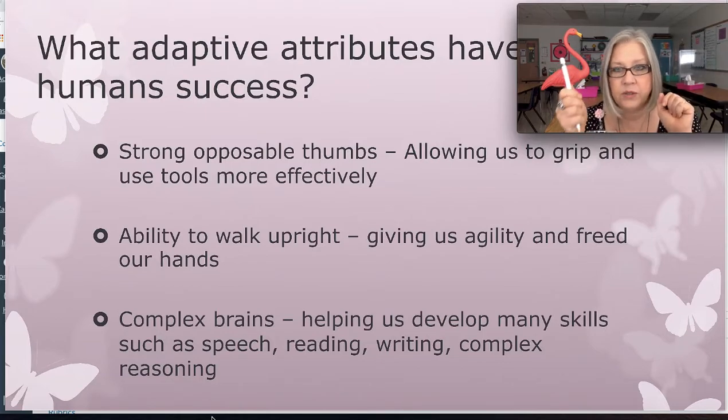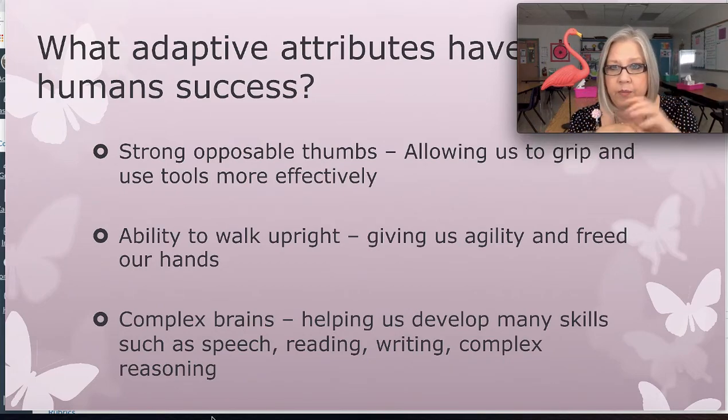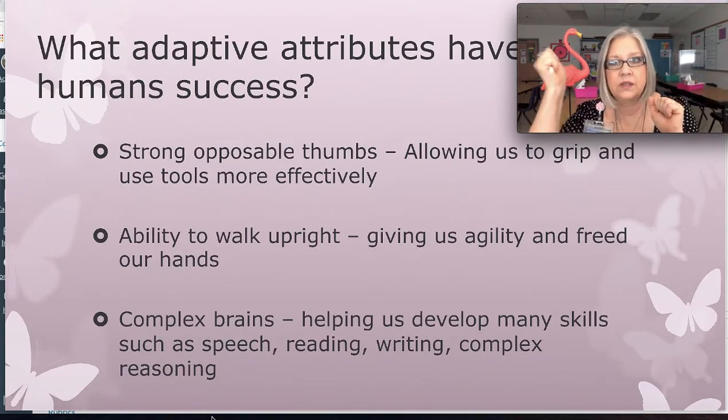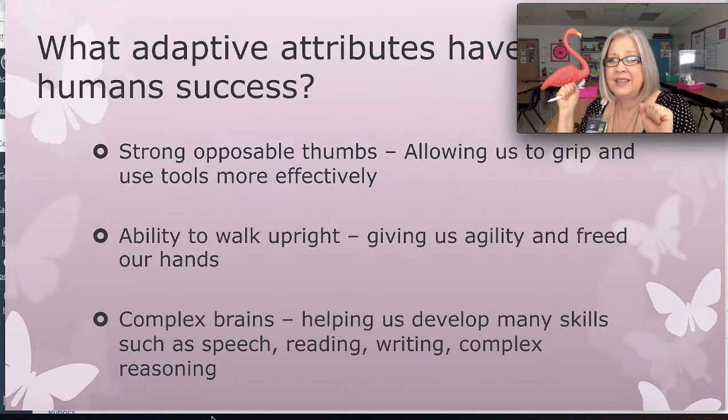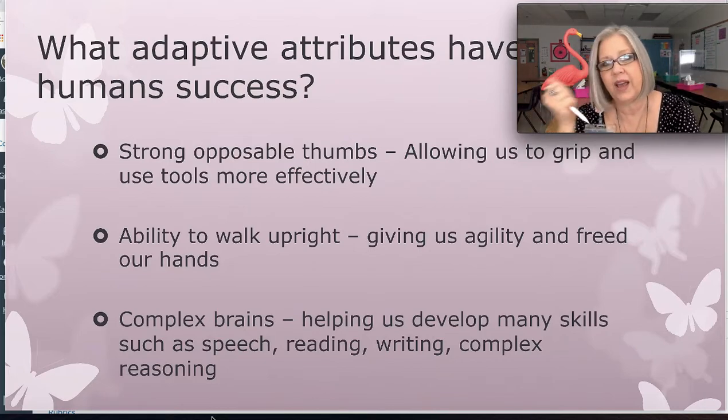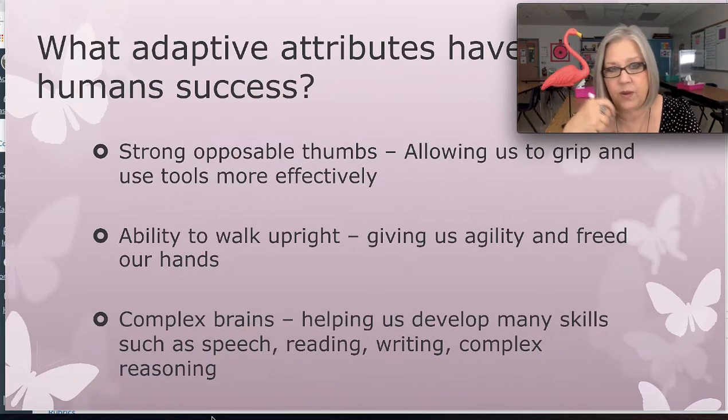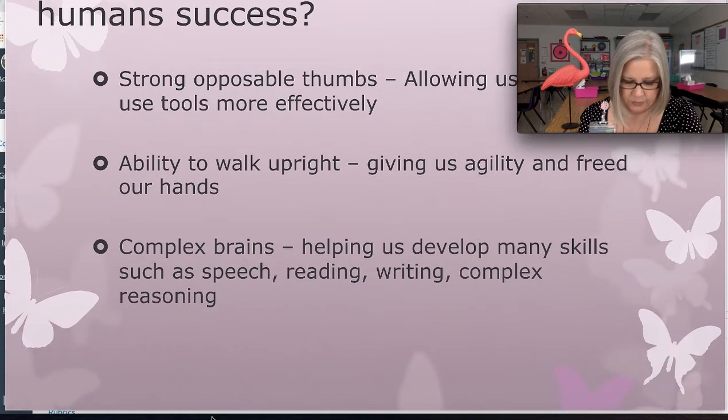So our opposable thumbs have been a good adaptive characteristic that we had. Ability to walk upright. So it's allowed us to run fast, be agile, and also we can then hold tools in our hands and chase. Because remember, it's about surviving and reproducing. We got to be able to get away. That's why. And then finally, our complex brains.